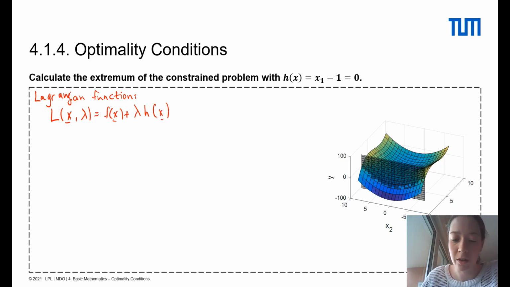And in case you're wondering, this lambda has nothing to do with the eigenvalues of before. Lambda is just a very popular letter. And here it's a Lagrange multiplier, if you know that. And it's used to enforce the equality constraint.